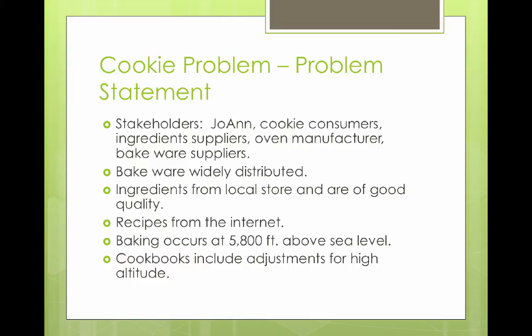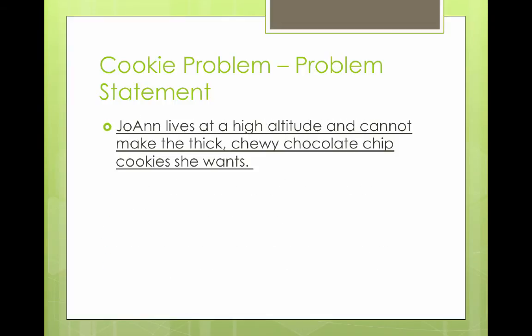So after doing all of this, now I can write a problem statement for this problem. I can say that Joanne lives at high altitude and cannot make the thick, chewy chocolate chip cookies that she wants. Notice that there is nothing that says what exactly I need to do to solve the problem here. It's just a statement of what the problem is.